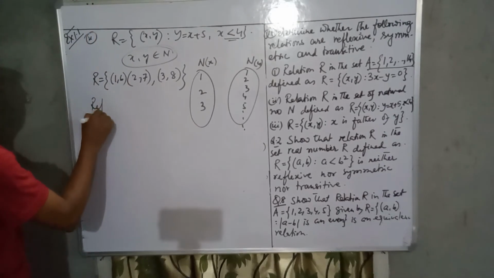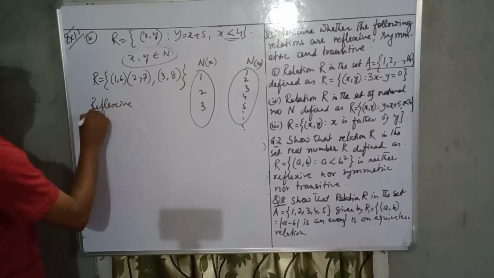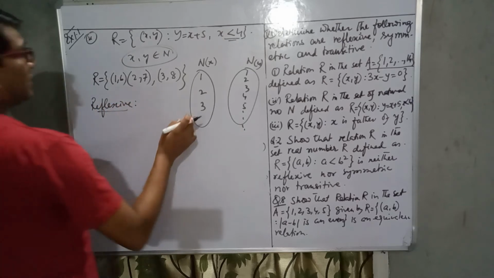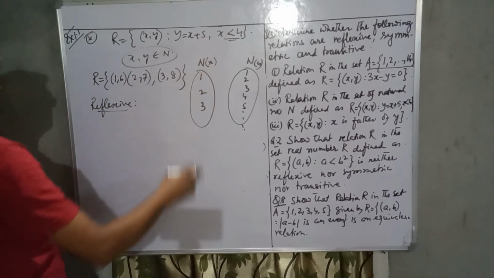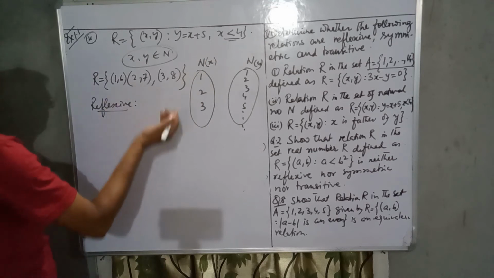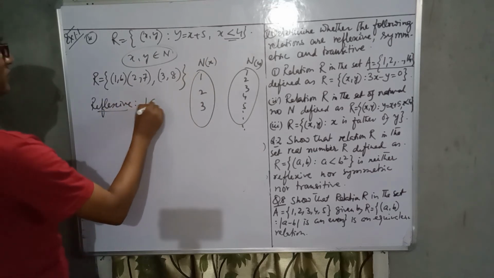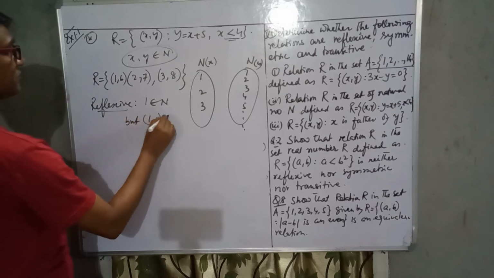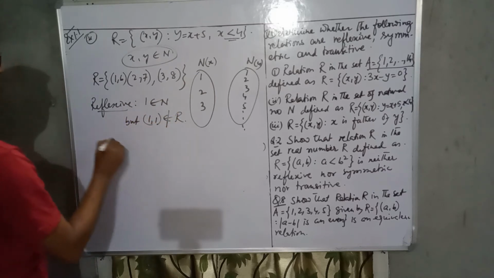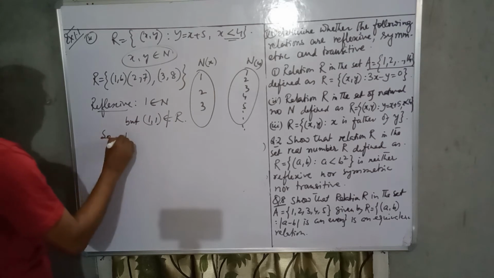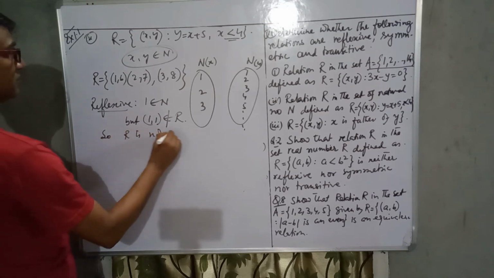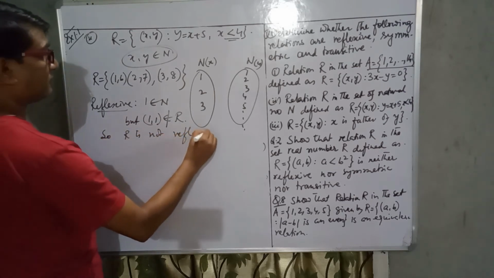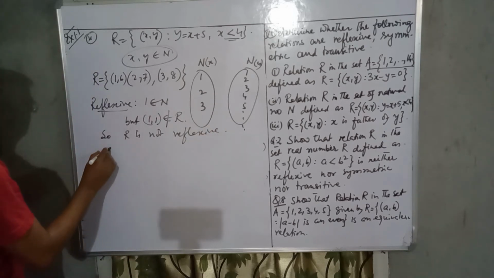In the same way, we have to check reflexive. What are the elements? X is 1, 2, 3. 1 comma 1: 1 belongs to N, but 1 comma 1 does not belong to R. So R is not reflexive.